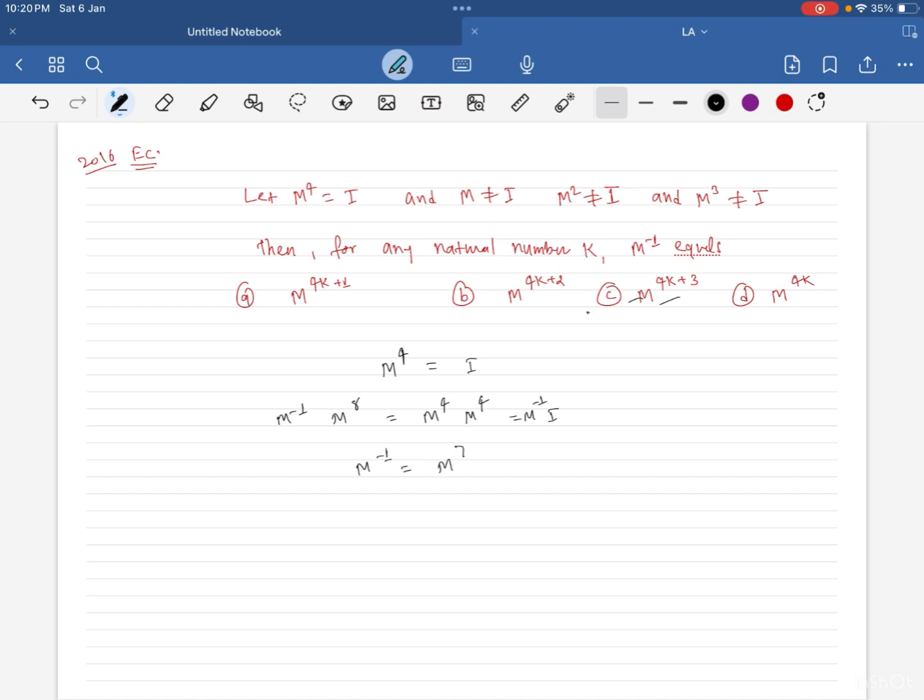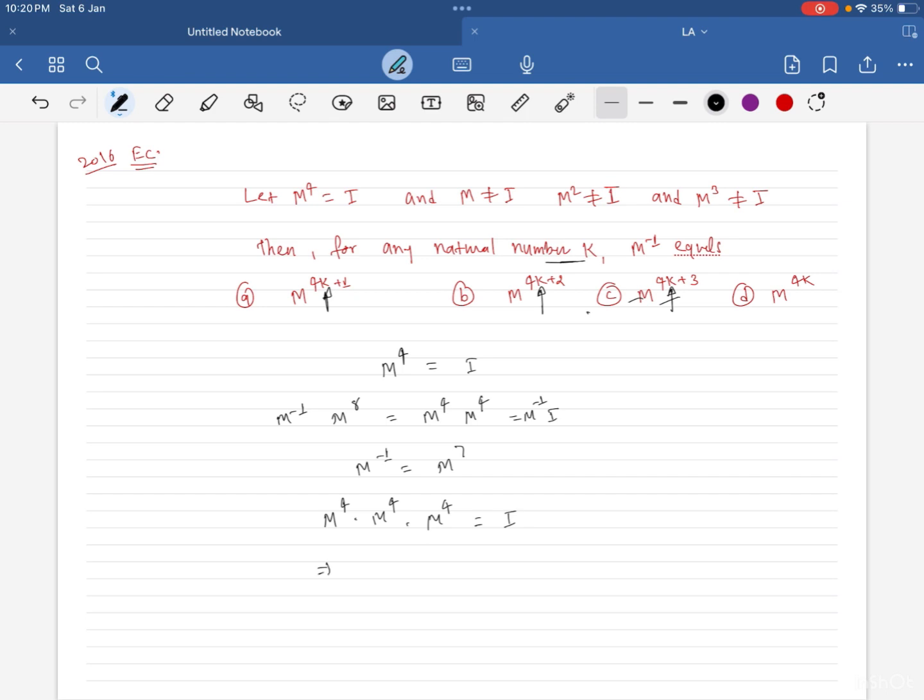So for k equals 1, it is m to the power 7 here. For k equals 6, k is a natural number. Or what we can do is take m to the power 4 into m to the power 4 into m to the power 4, which is going to be the identity matrix, right?